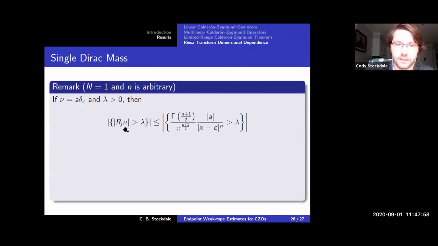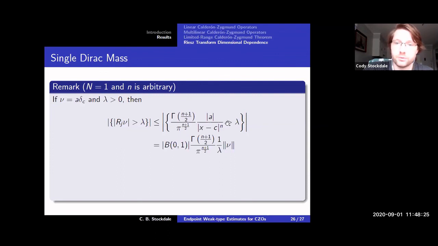Well, we can compute what Rj applied to nu is, which is something that we can't do for arbitrary L1 functions. But in this case, we know that that's just going to be evaluating the kernel at the point. And then we're going to use a crude upper bound on that quantity, the size estimate, essentially, of our Calderon-Zygmund kernel. And we'll get this expression.